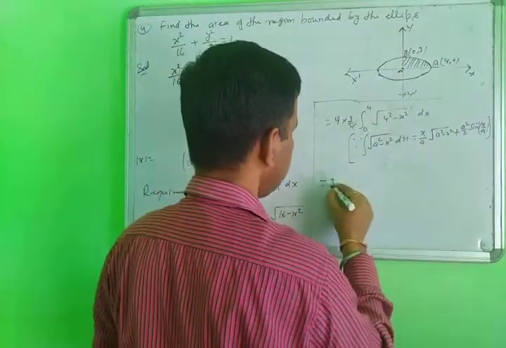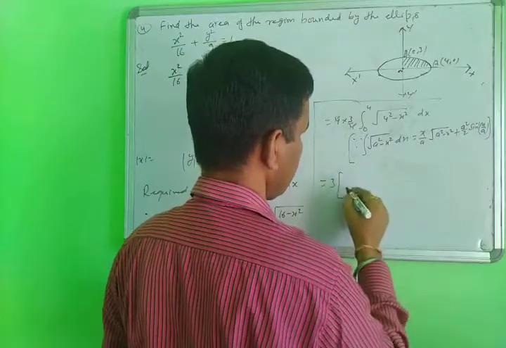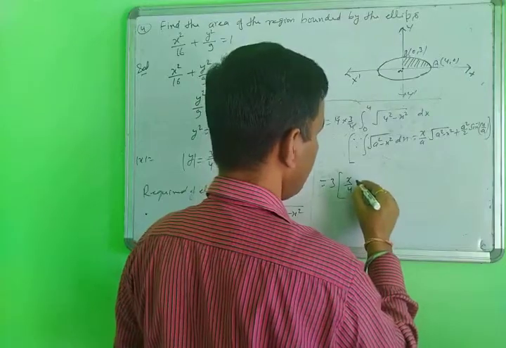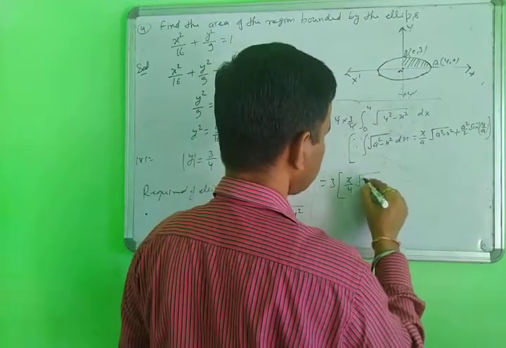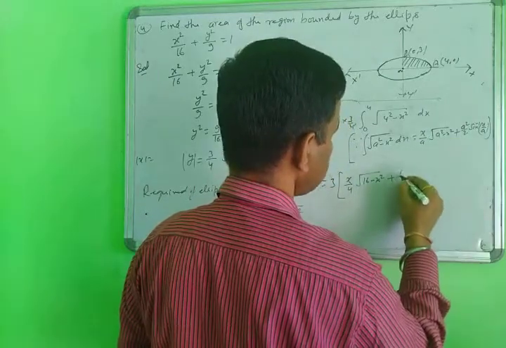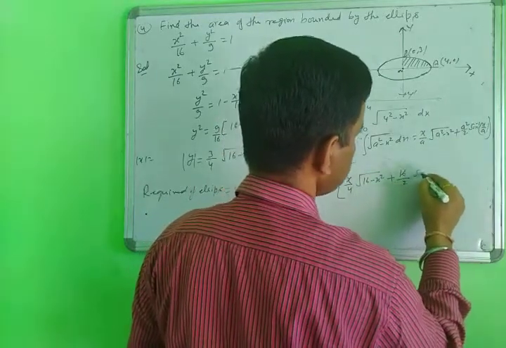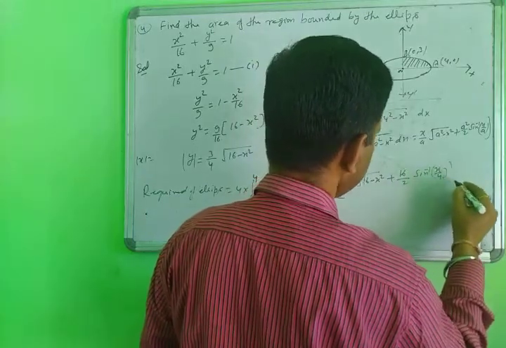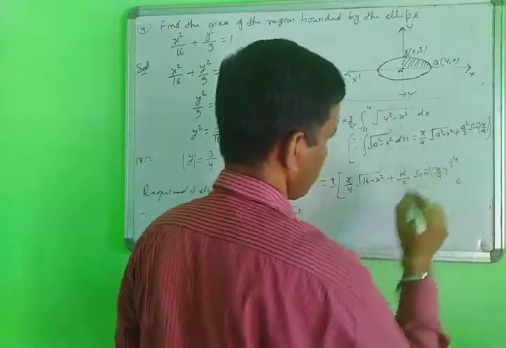Here only 3 is left outside. The integration gives x upon 4 times the square root of 16 minus x square, plus 16 upon 2 times sin inverse of x upon 4, with limits 0 to 4.